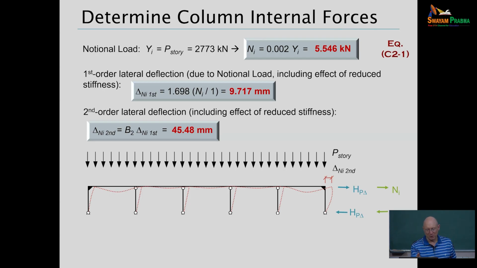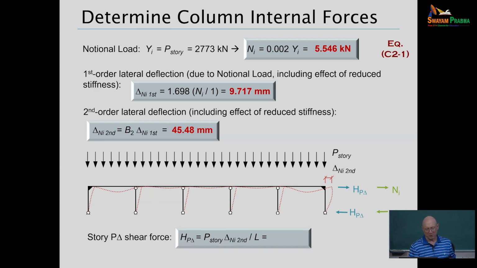So in addition to what we just did with the notional load, we need a HP delta shear. So that's why I got the second order drift. So the P delta force represents the effects of the lateral movement that we get.